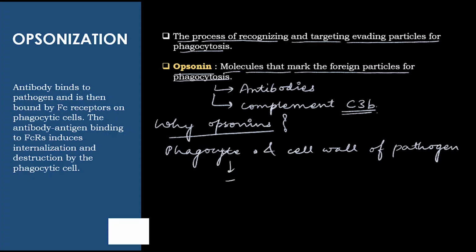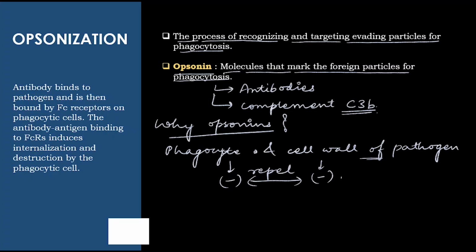This negative charge makes them repel each other, and since they repel each other, the pathogen cannot be engulfed and cannot be processed for phagocytosis.